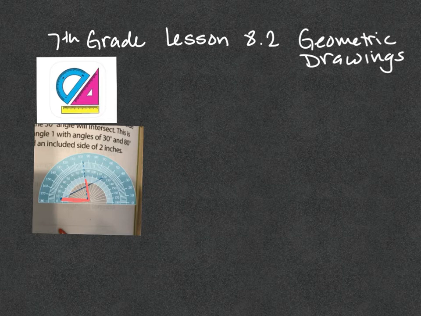So if one side was 100 degrees, this one should be 80 degrees, right? So this ray is pointing this direction, so I'm using the 0 over here on this side and moving up, and there it is at 80 degrees. So that's the refresher on using your protractor.